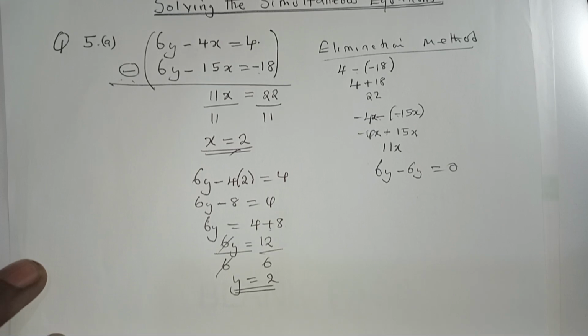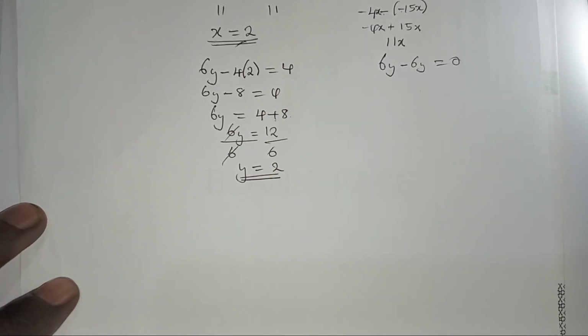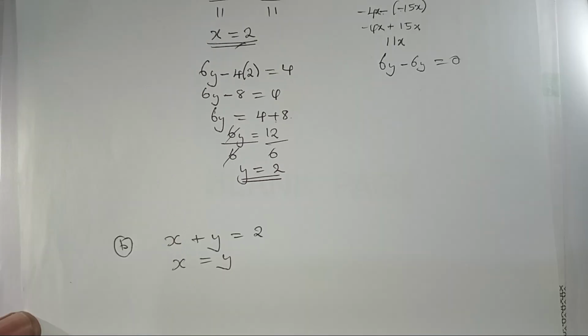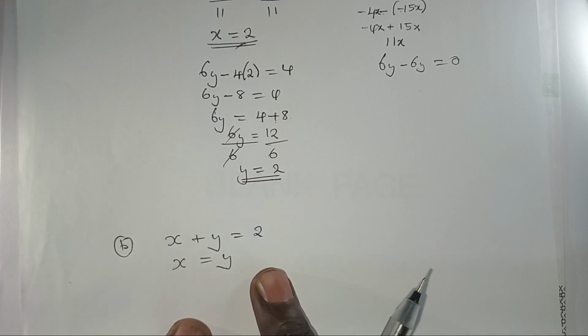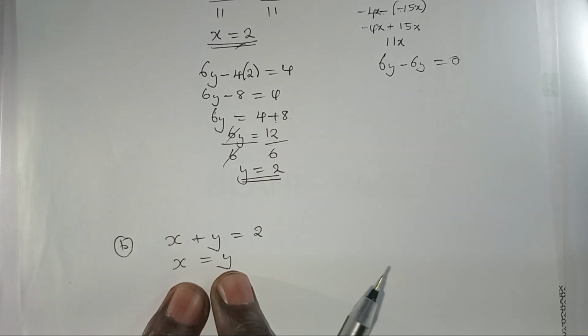Okay, so suppose we have been given another simultaneous equation of this form. Here is another question which we've just added as our part B, and we want to use this simultaneous equation just for practice's sake.